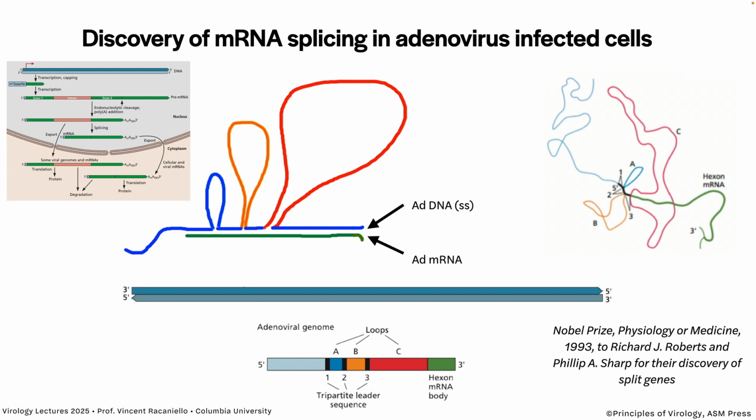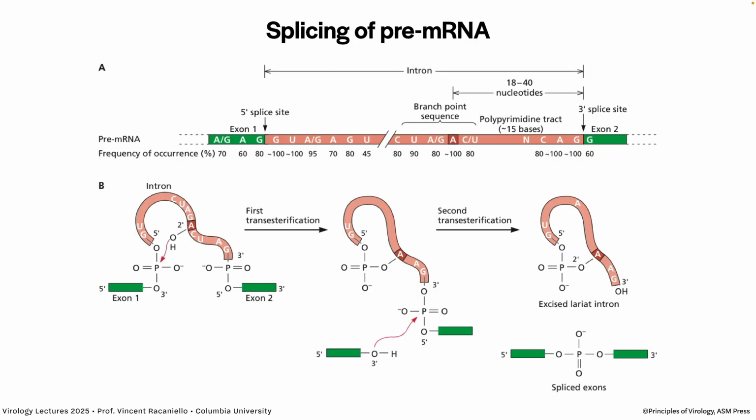And so the actual hexon mRNA coding region is the green, small part of the mRNA. So this was discovered in adenovirus-infected cells. Sharp and Roberts got a Nobel Prize for that. But now we know it happens everywhere. It happens in many, many viruses and, of course, in cells as well.